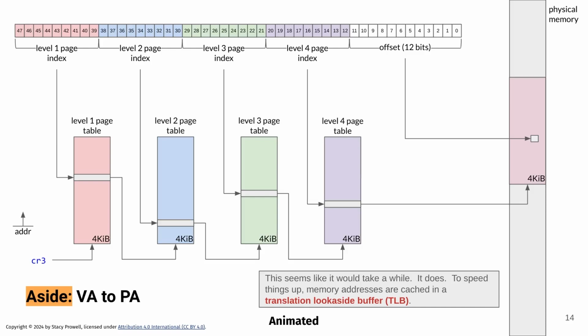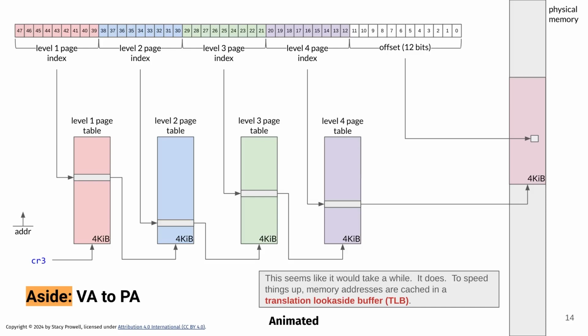To speed this up, the processor uses a translation look-aside buffer. So it caches those 36 bits at the top. It doesn't need to cache the full 48, just the 36, right? Because only those 36 bits were used to get the start of the page in physical memory.